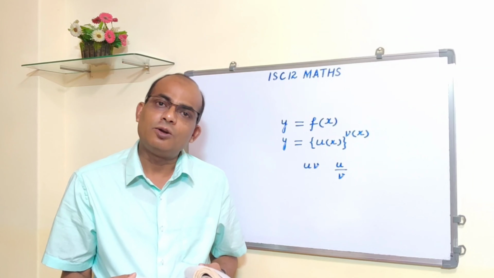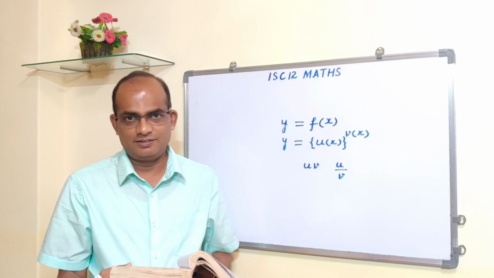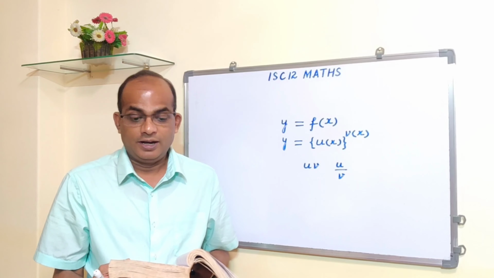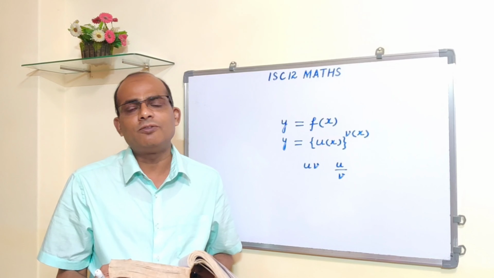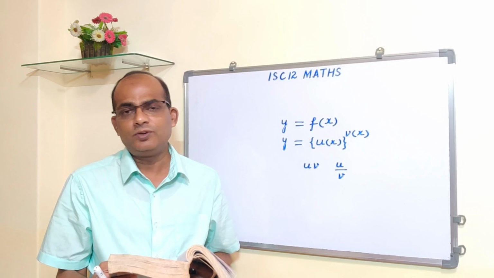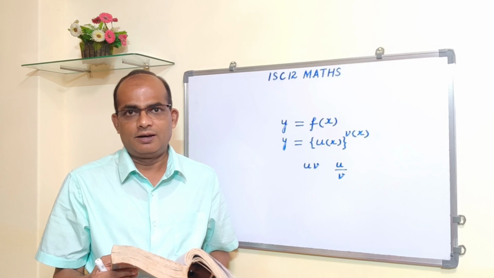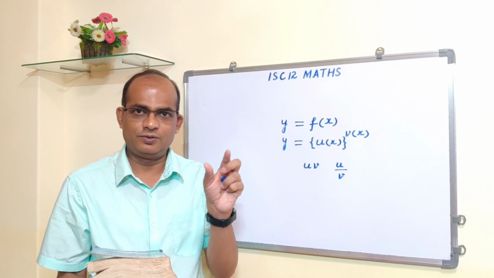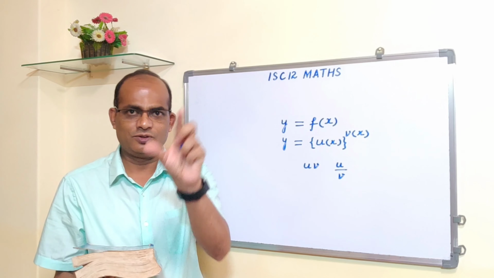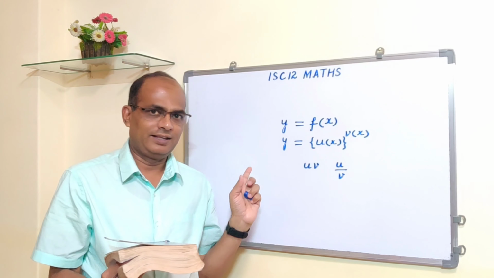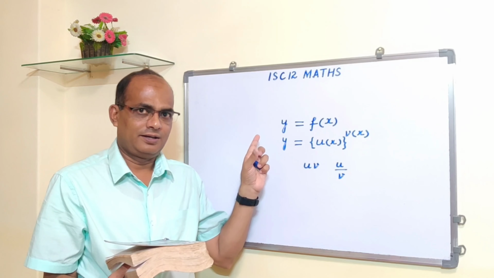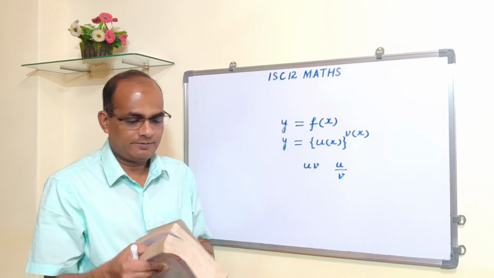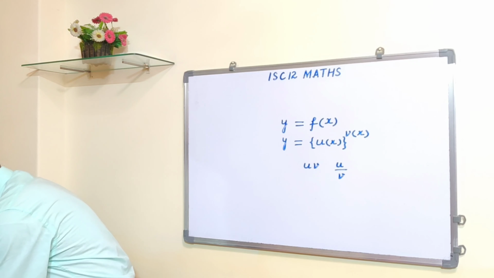Without taking log on both the sides also you can get the answer, but the form may be different. If you take log, it becomes very easy, and you don't have to simplify further. Once you take log on both the sides and differentiate, you get 1 upon something plus or minus 1 upon something. Let me write the question, then you will understand.